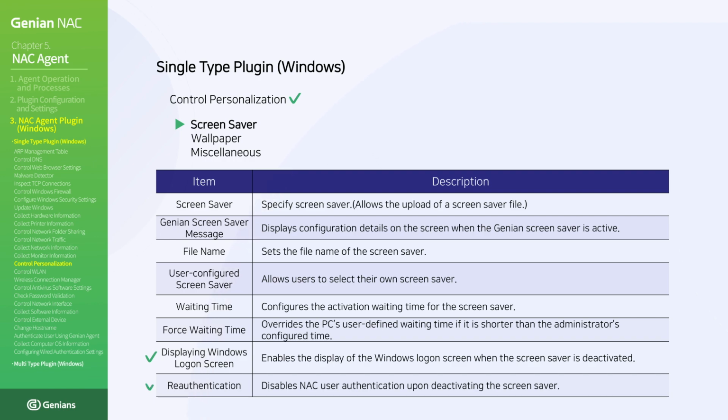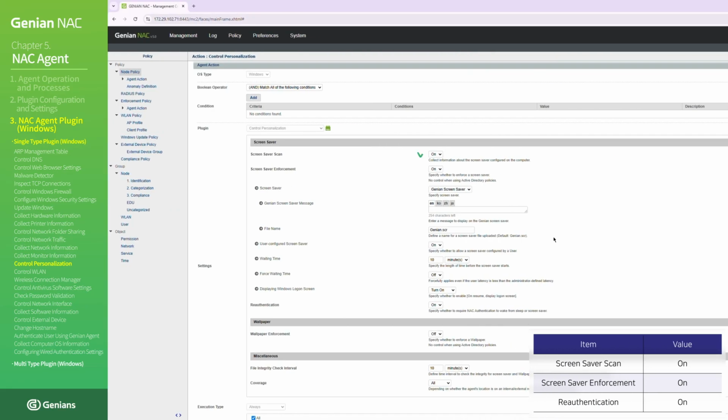The NAC reauthentication feature can also be configured to disable NAC user authentication upon deactivation of the screensaver and enforce reauthentication. To collect and control screensaver information using the Control Personalization node action, the following configurations are required.